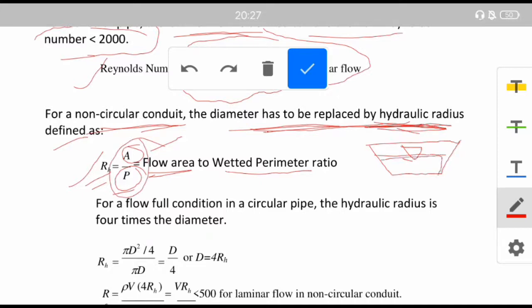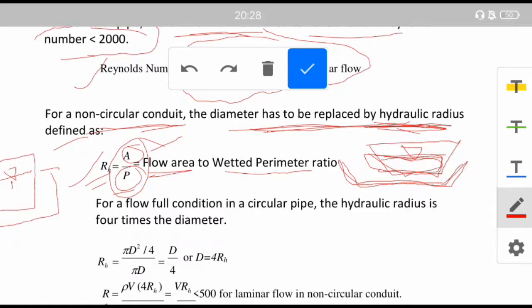A is the cross-sectional area of the flow of water, that is this much, and P is the wetted perimeter, the length wetted by the water in the channel or the pipe. Suppose for this rectangular pipe, this is the level of water which is flowing, this length will be the wetted perimeter, and this will be the cross-sectional area.